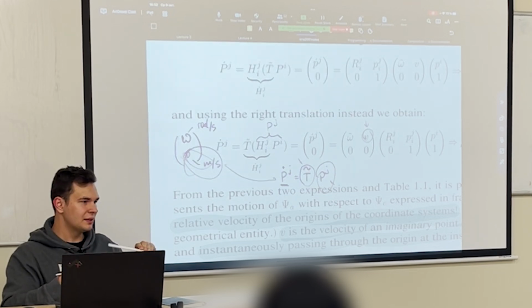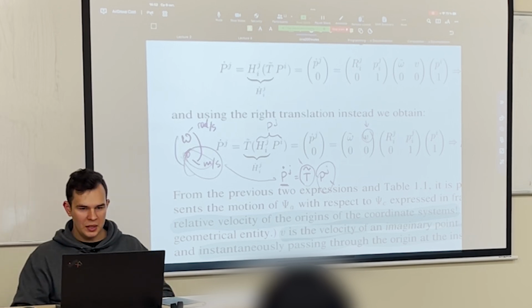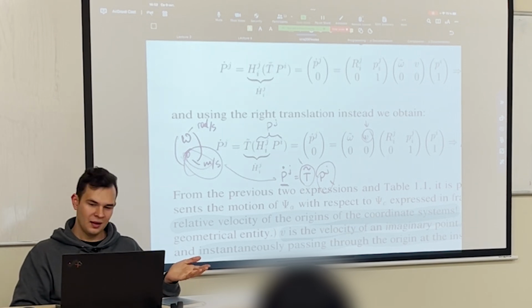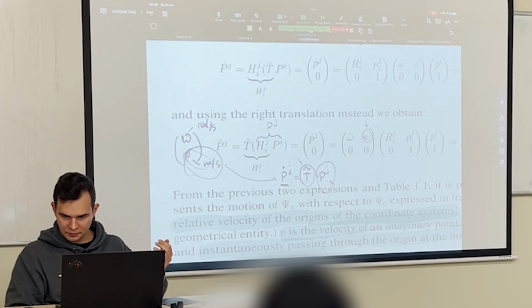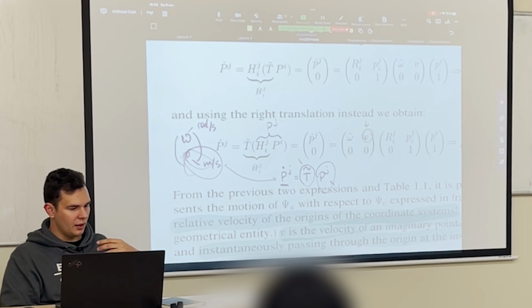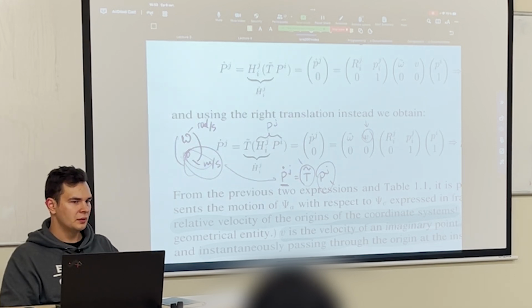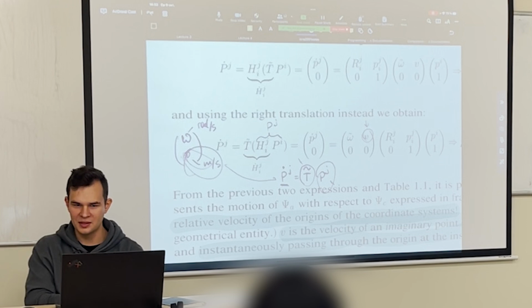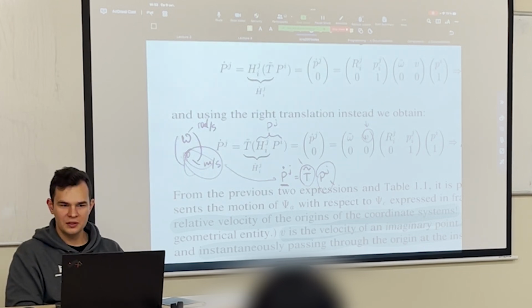But the twist will be the same, because twist is something which is called a screw. There is a theory called screw theory, but we'll cover this in the next lecture because I have a video call in 7 minutes.